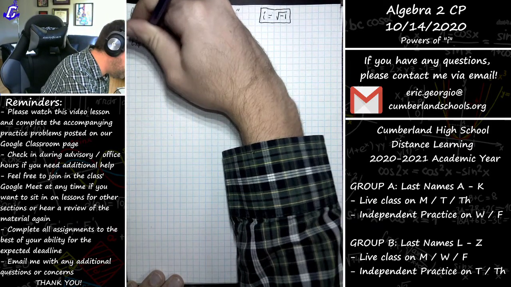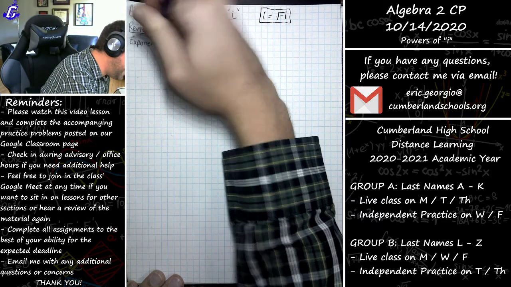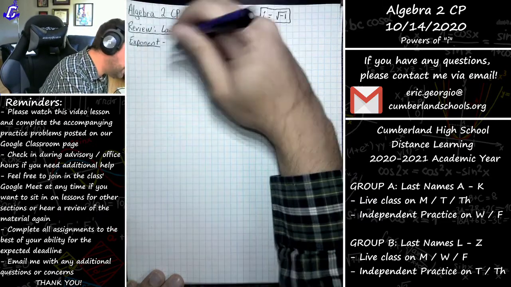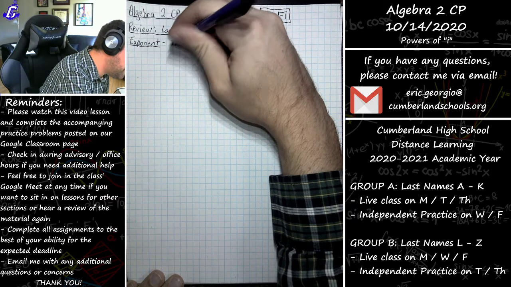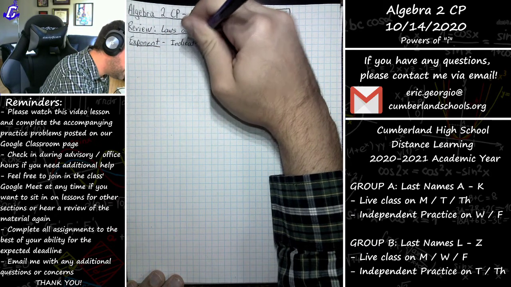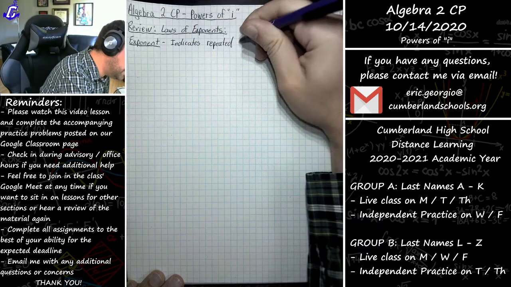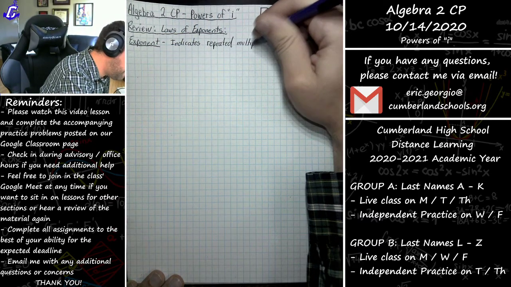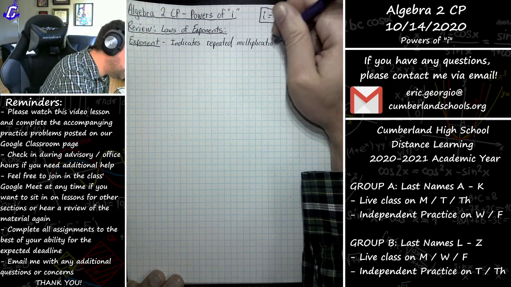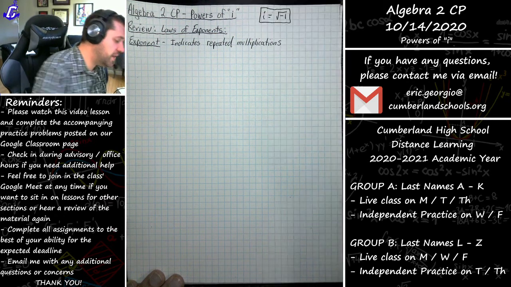I don't know if you've ever actually been given the definition of an exponent, but an exponent indicates repeated multiplications. That's all an exponent is. It's really just shorthand for repeated multiplications.